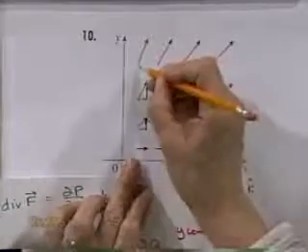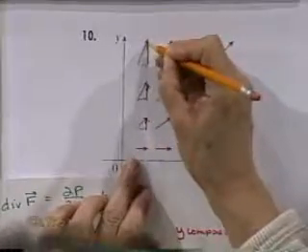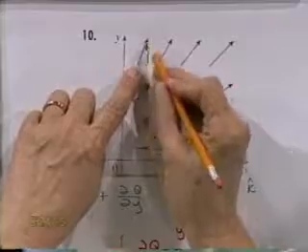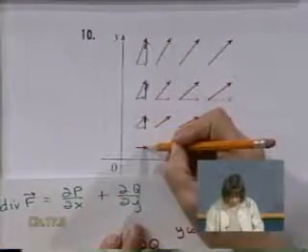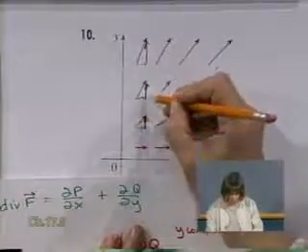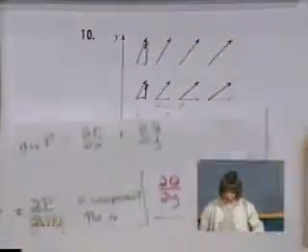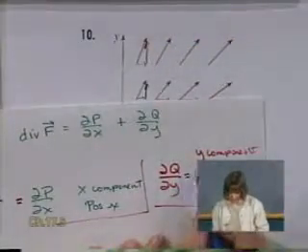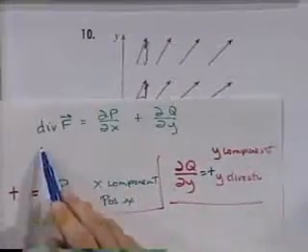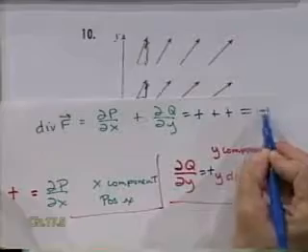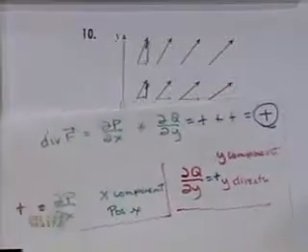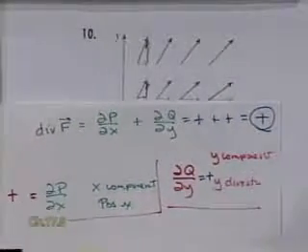Here's my y component. That's my x. Remember to draw your components. Like if I can't walk from here to here, I'll walk this much in the x and then that much in the y. So look at your y component. It's 0, this much. Aha! It's increasing. So it's positive. So my divergence is going to be a positive plus a positive, which is a positive. So I can tell by looking at the vector field what the divergence is going to do.